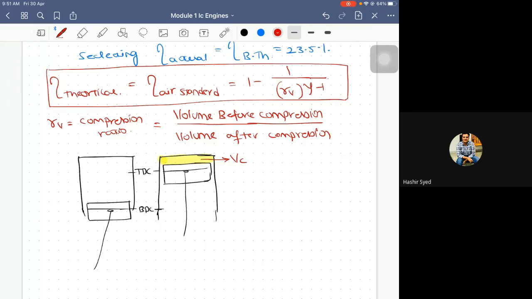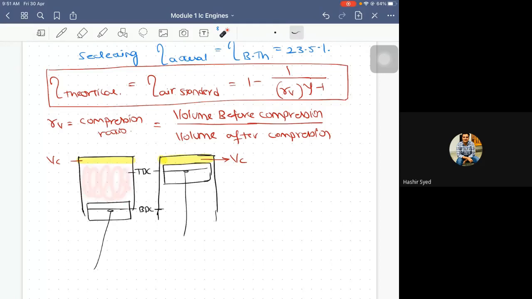So what is swept volume? Clearance volume would be there here also, right? So this one is also a clearance volume. I would mark it as VC. And whatever the piston is sweeping all around, it would be moving up and down, up and down, but it is sweeping all this volume.